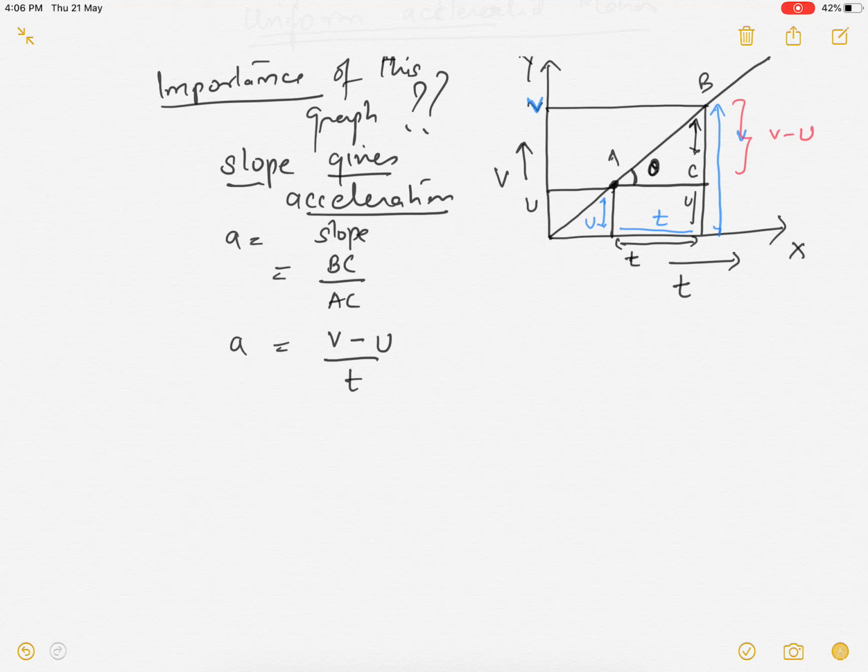AC is time, T. So if we cross multiply, we get AT is equal to V minus U. Or you shift U in this direction, you will get V is equal to U plus AT. See children, this is our first equation of motion.